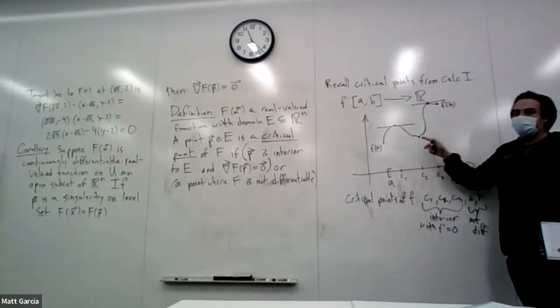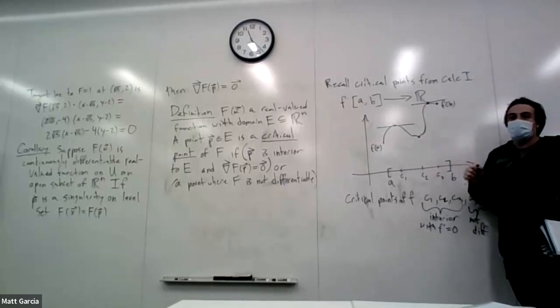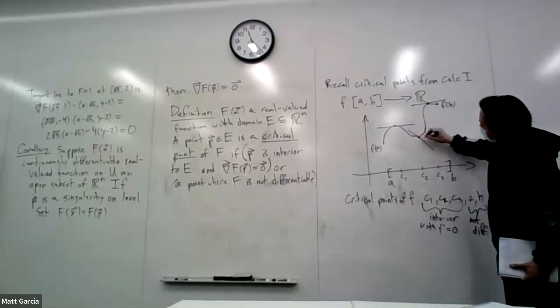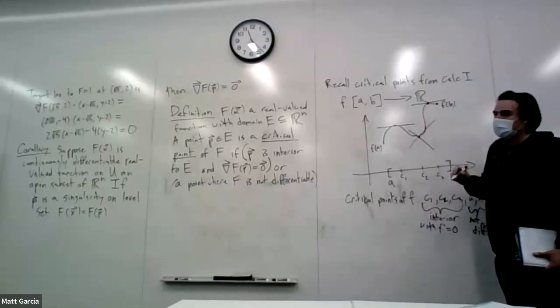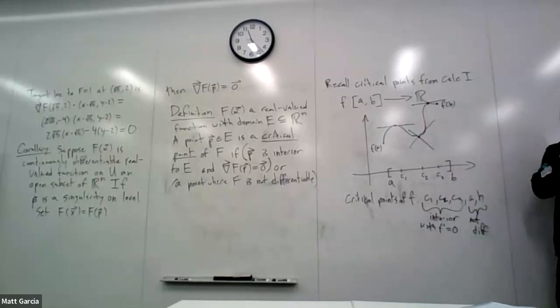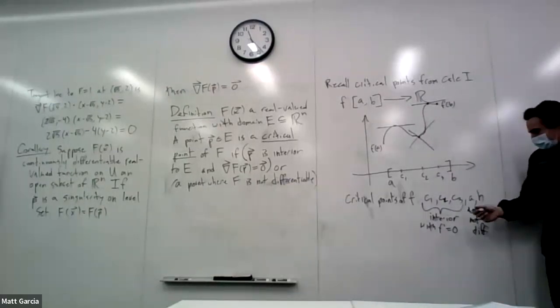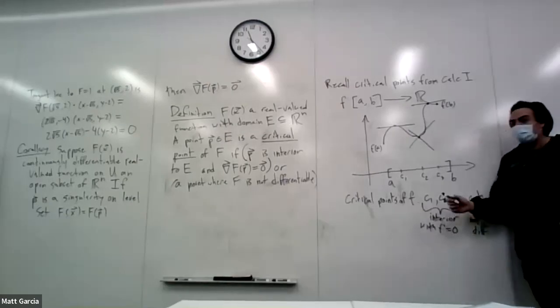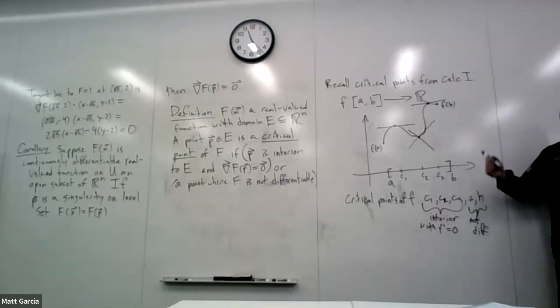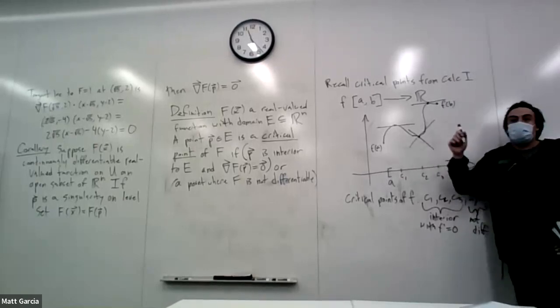We can't define the derivative there, i.e. the tangent line, when you come from the left, comes like this, and when you come from the right, comes like this. So we can't define it. But C2 is still interior. Now we don't say f prime is equal to 0. For C2, f is non-differentiable.